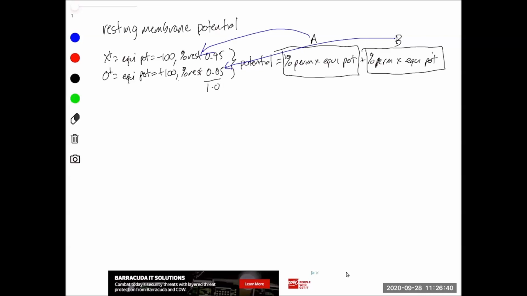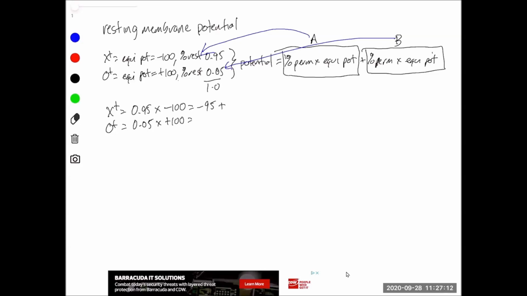Now I'm just going to replace the numbers. For X plus, I get the percent permeability, 0.95, times the equilibrium potential, negative 100. That equals negative 95, plus, it's probably easier just to stack them up. For O plus, I'm going to go 0.05 times positive 100.